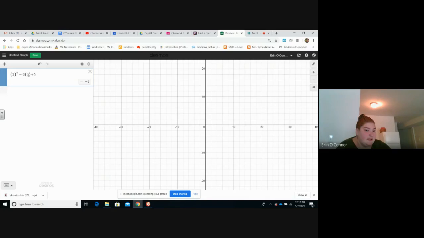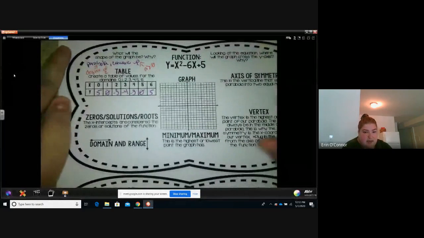Guessing the next one's going to be negative 3, but we're going to see. Let's see what happens when we plug in 4. We get negative 3. What happens when we plug in 5? We get 0. And finally, what happens when we plug in 6? We get 5.